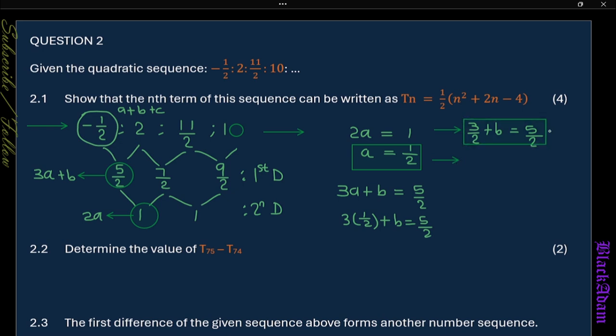Then we multiply both sides by 2, so we have 3 plus 2b equals 5. So 2b is going to be 5 minus 3. So 2b is equal to 2, and dividing both sides by 2, b is equal to 1.